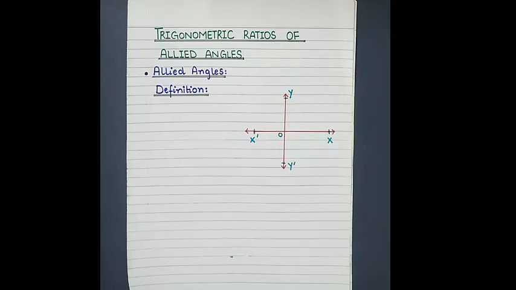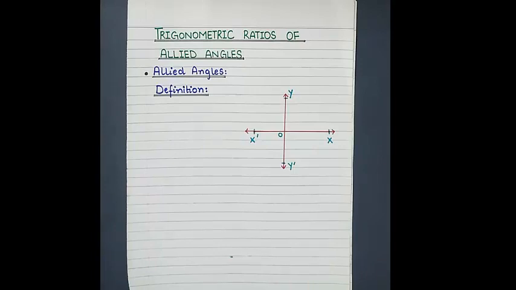The first main difficulty is students don't know which sign should be in the final answer after solving an allied angle. And the second main difficulty the students face is they don't know whether they have to convert a certain trigonometric ratio into its co-ratio or not.